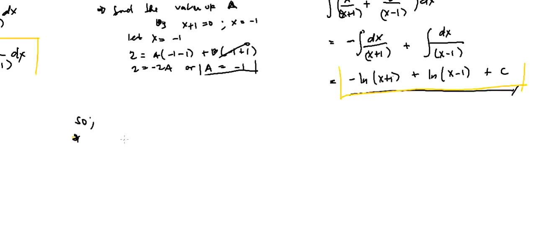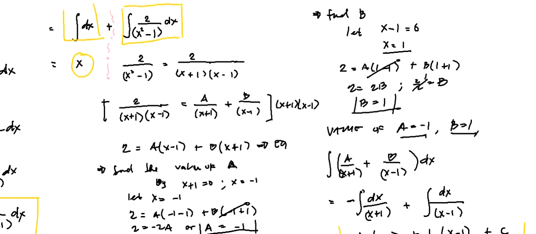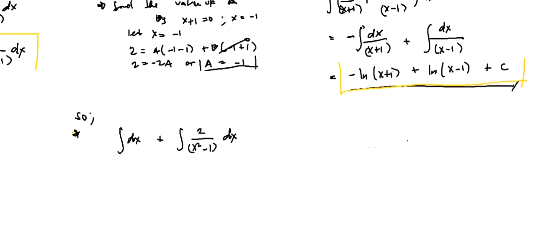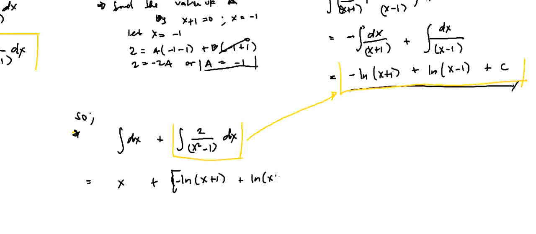So the integral of dx plus the integral of 2 all over x squared minus 1 dx is equal to x, plus the integral of this part here, which is negative ln of x plus 1 plus ln of x minus 1, then plus C.